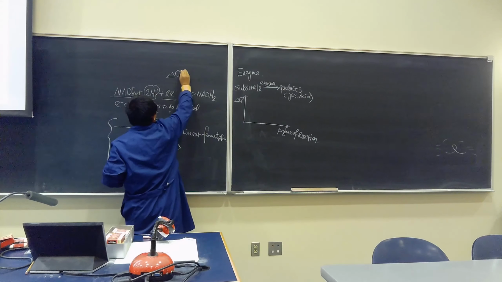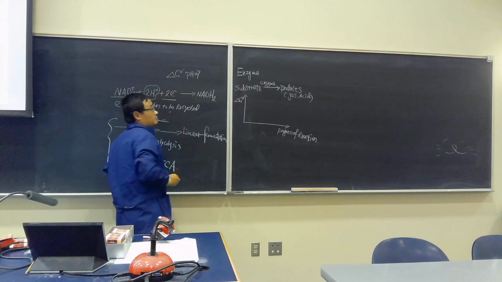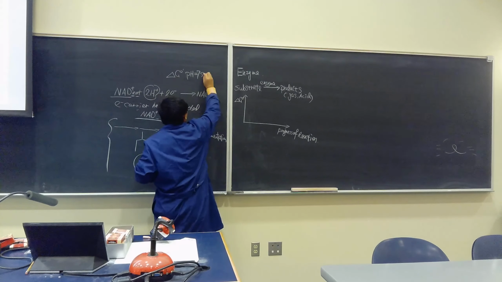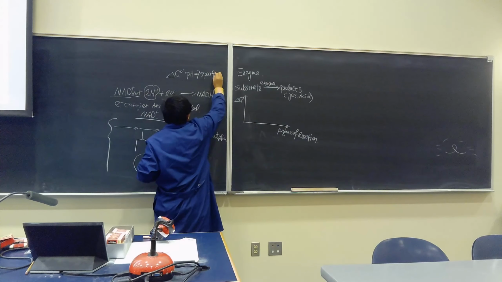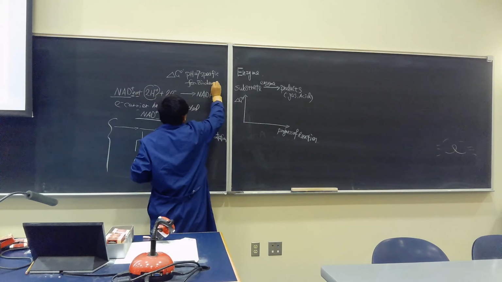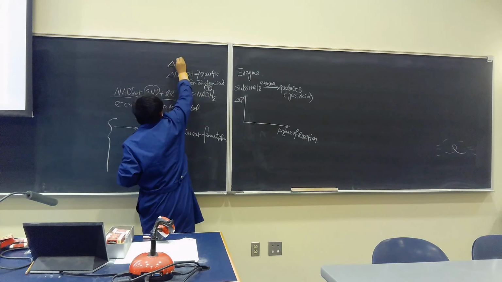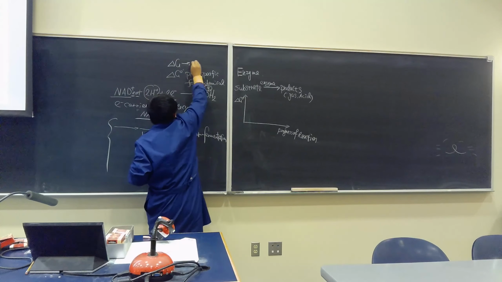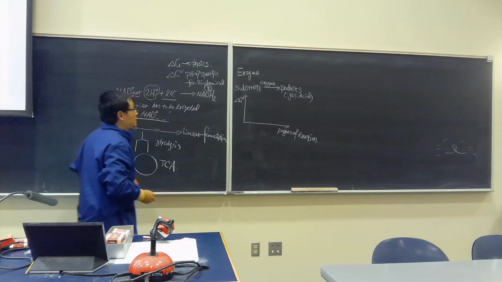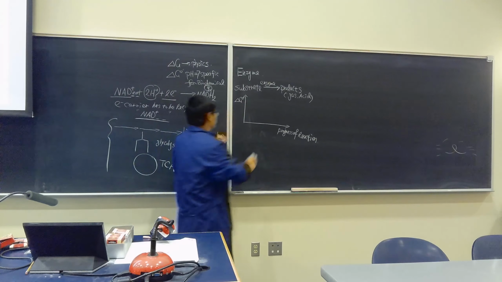Delta G 0 prime is set at pH 7, so this one is specific for biochemical reactions. And you sometimes see delta G, which is for physics people, so that's a little bit different. That's why in the textbook you see delta G 0 prime. That's the free energy.